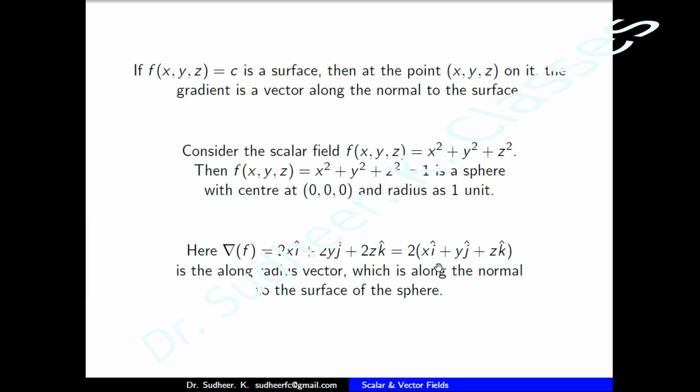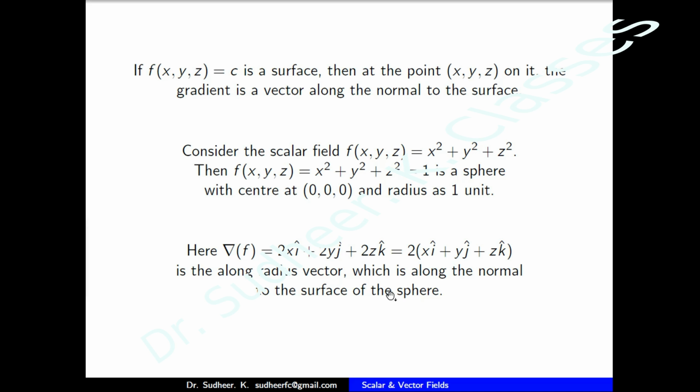This will be a vector along the normal direction. Why? Because xi plus yj plus zk is the radius vector. Radius vector will be the vector from origin towards the surface of the sphere.